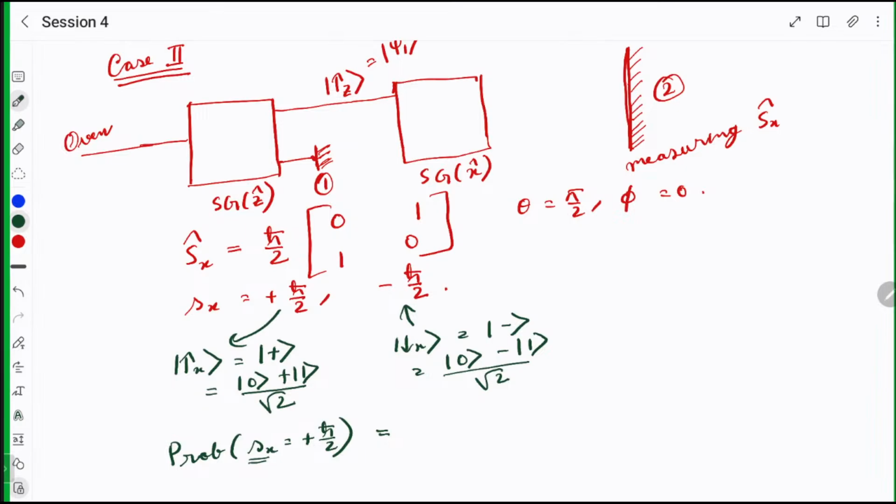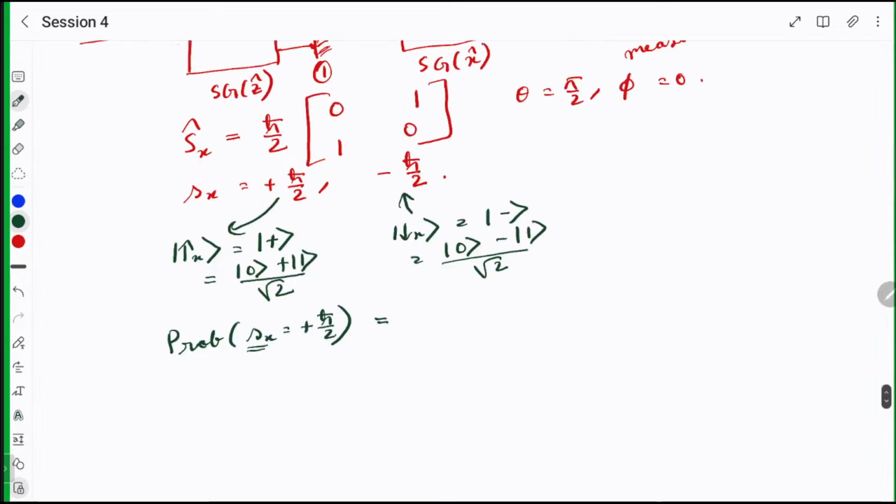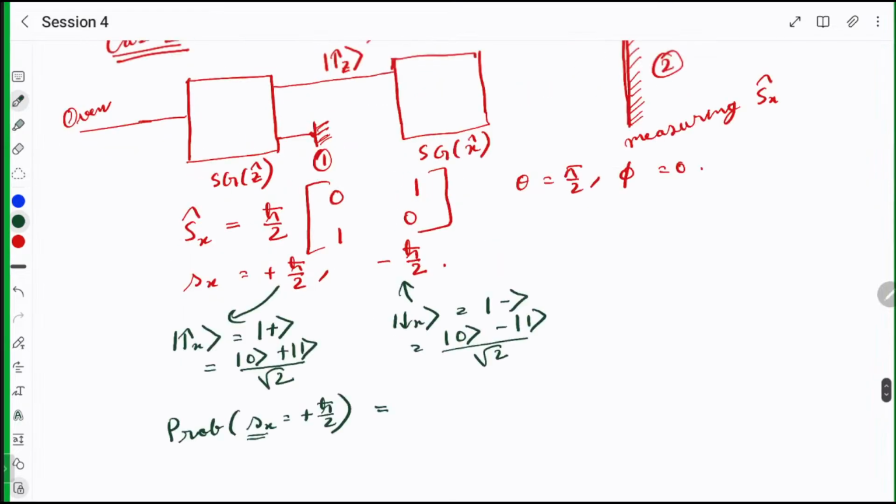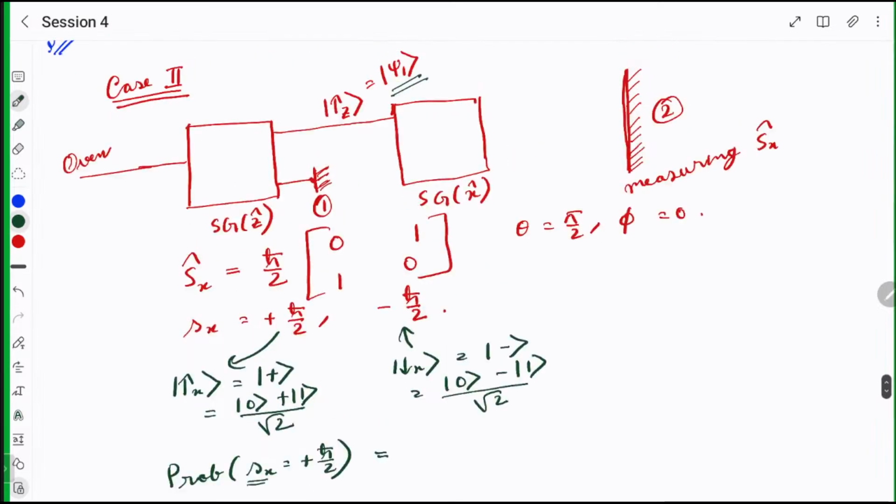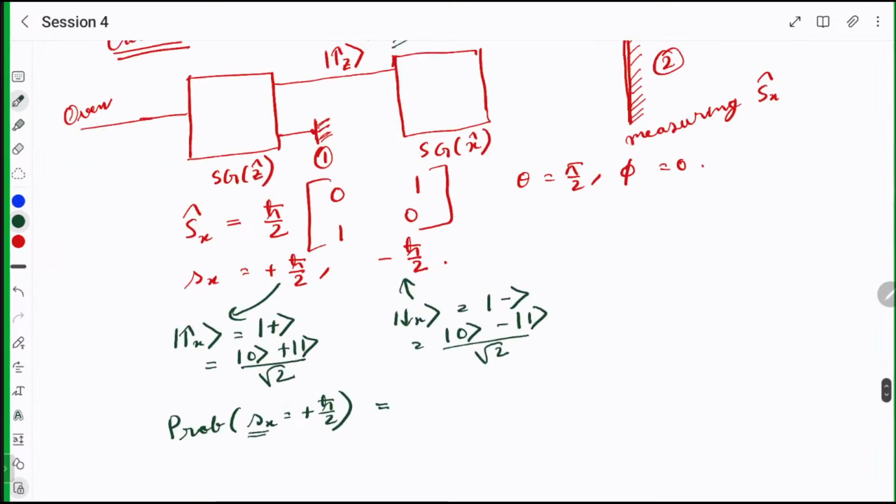Now, if I want to find the probability that Sx is equal to plus h cross by 2, what will I have to do again? I have to find the component of psi, my state, along the eigenvector corresponding to Sx plus h cross by 2, which is up x. So I would take the inner product of up x with psi, whole square.